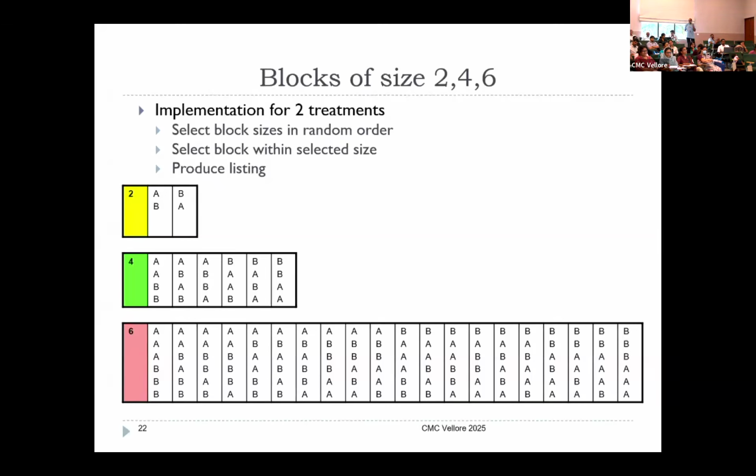Once the listing is produced, we hide it from you. That's called allocation concealment. In the old days, we used to hide it in little envelopes, opaque envelopes, so that if you hold them up to the light, you cannot see what it is. Nowadays, how do we hide it? On the computer. So you don't see it until you put in all the eligibility criteria of the next patient and you answer all those questions, and then a little pop-up says, this patient meets all the criteria.